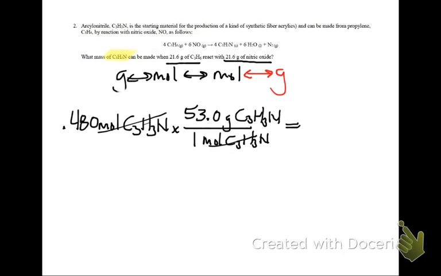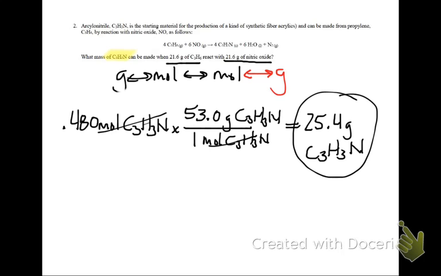What this means is that we will produce 25.4 grams of C3H3N. So that would be the maximum amount, our theoretical yield, of acrylonitrile.